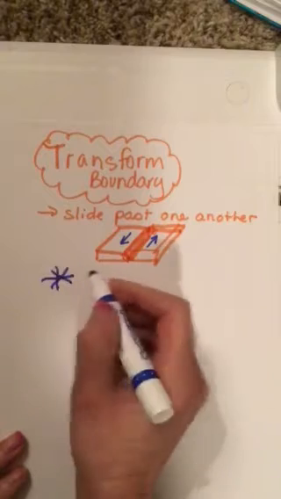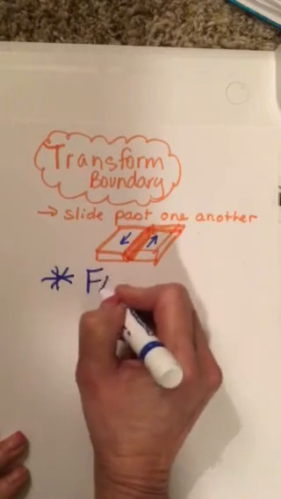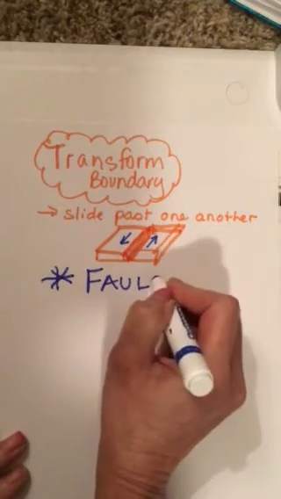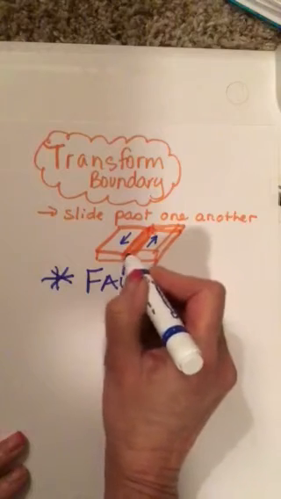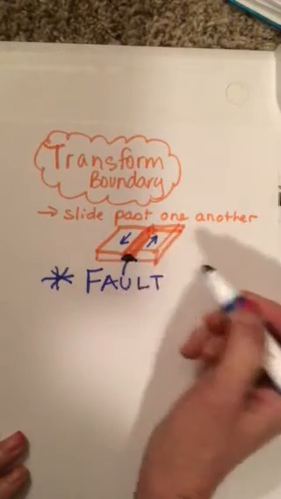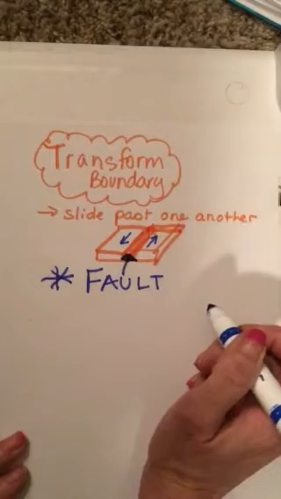an area that's known as a fault. So the boundary itself, where they meet up and try to slide past each other, is that fault.